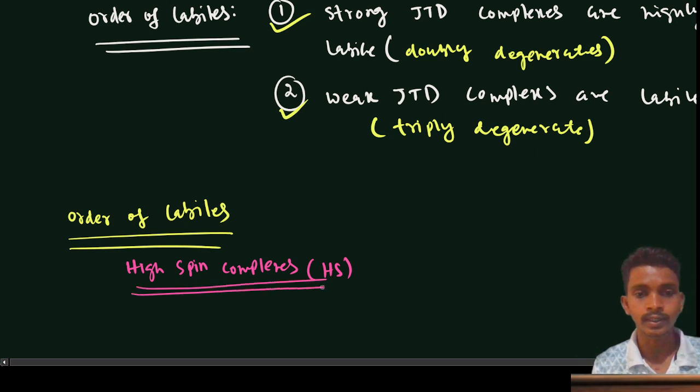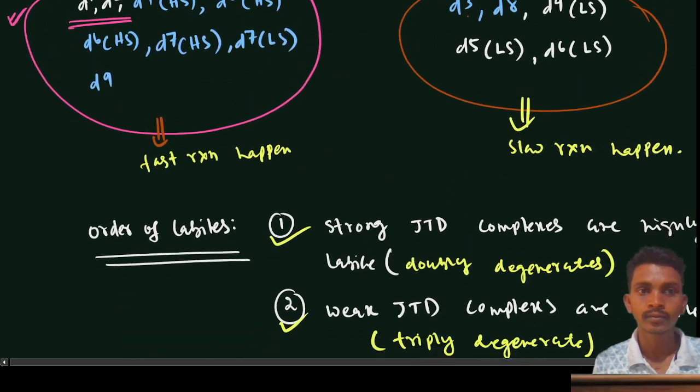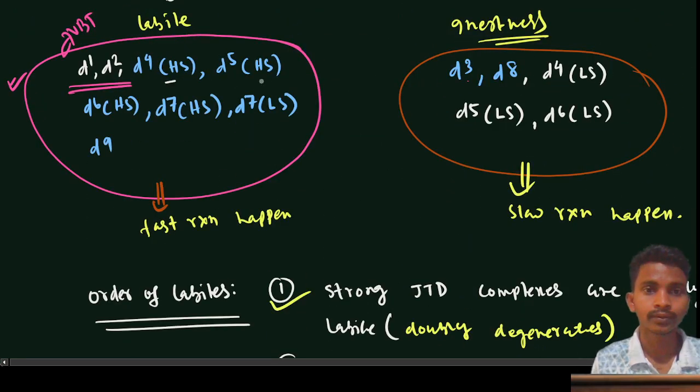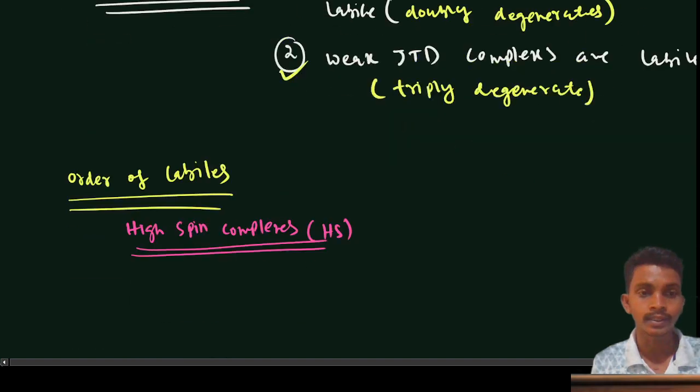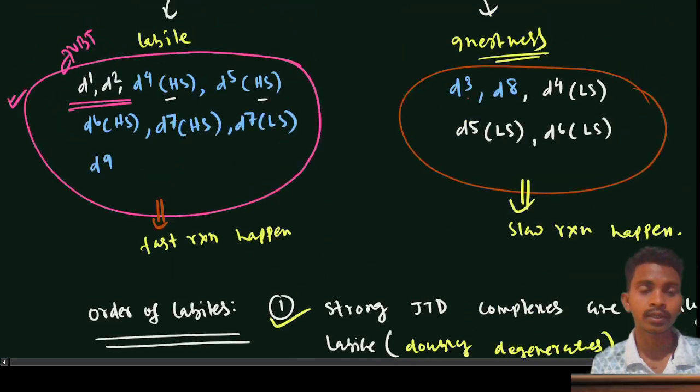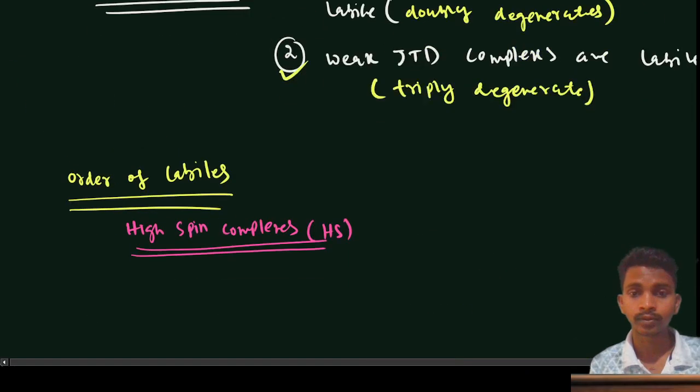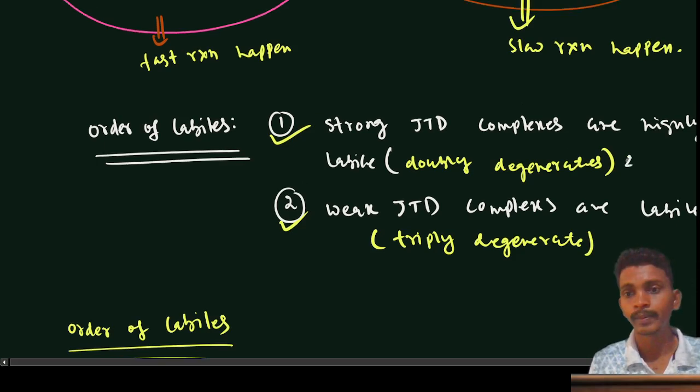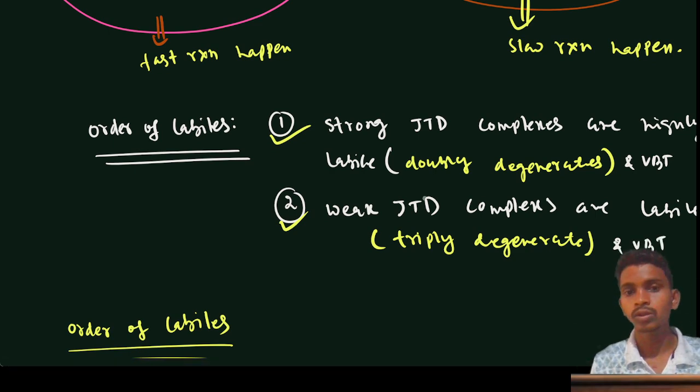For high spin complexes, we look for strong JTD, and wherever strong JTD is there, with that we also look at BBT concepts. Both these concepts, strong JTD and BBT, and weak JTD and BBT.